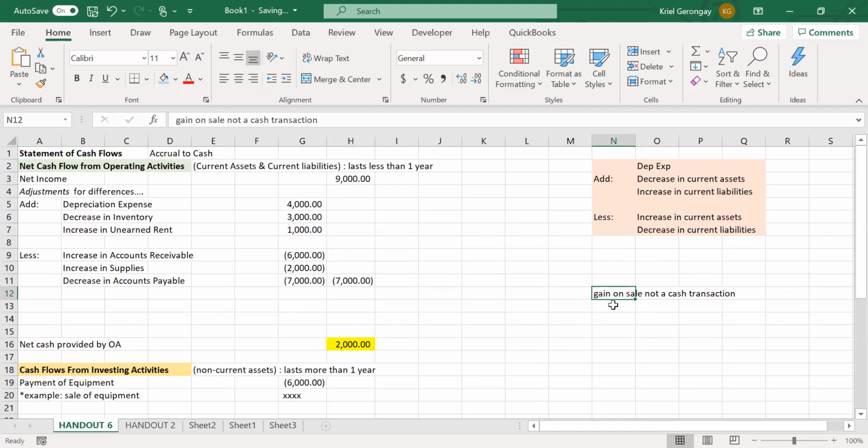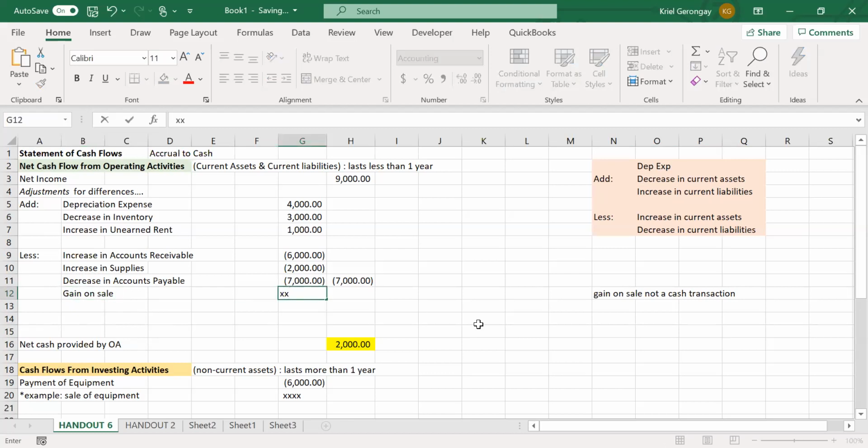So if there's a gain, we have to subtract it, because we didn't receive cash from this gain.